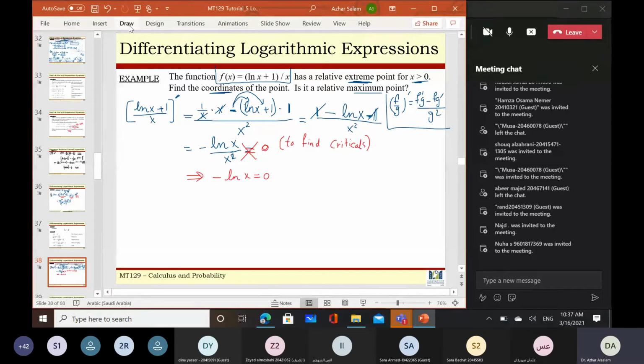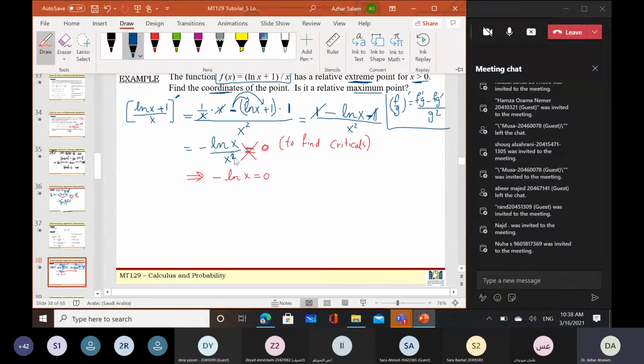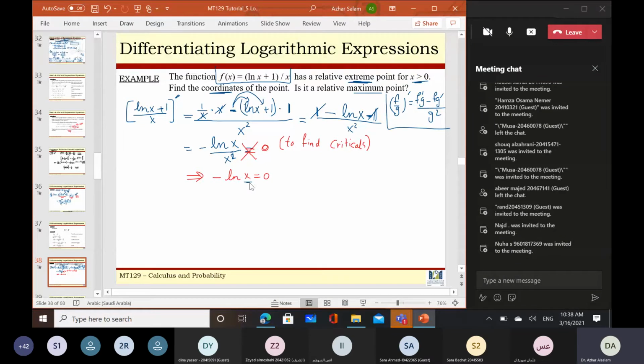Okay, how to solve that? I have to find only x. How to omit ln?